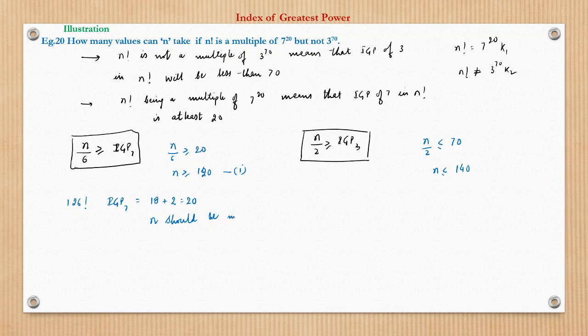From here we get an approximate range, right? But now using the IGP we get the exact thing: n will be more than 126.